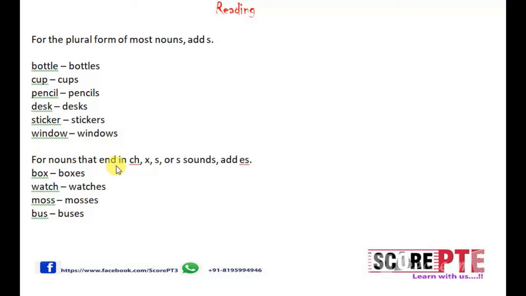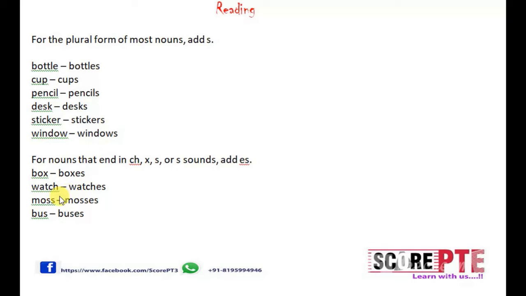For nouns that end with ch, x, s or s sounds, add es. It means that if any noun ends with x or ch or s, it will take es as a plural noun. Like box, box ends with x, so we add es to make it plural.